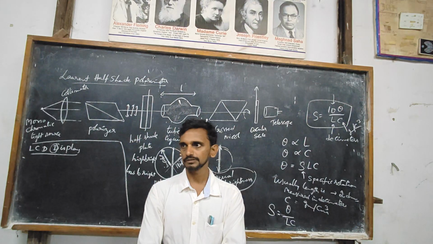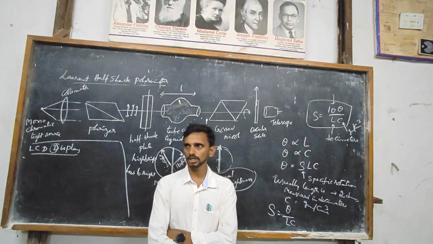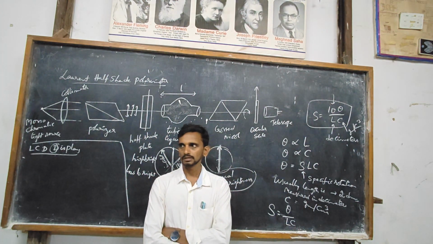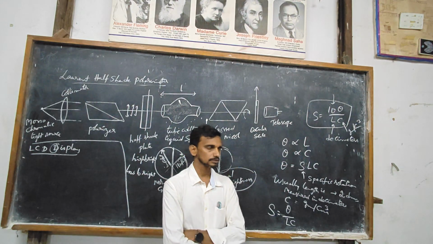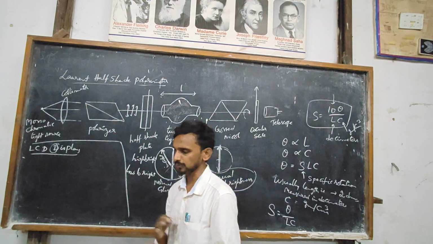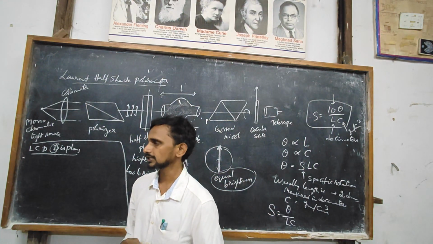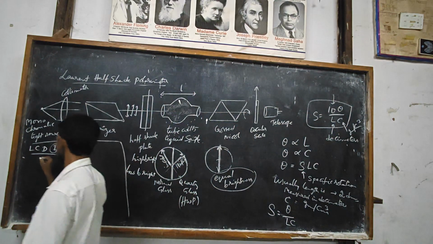using an electric field. So they behave like crystals, like a solid material, but they are in liquid state. That's why they are called liquid crystals. The behavior is perfectly oriented, just like crystals, and they are in liquid state.